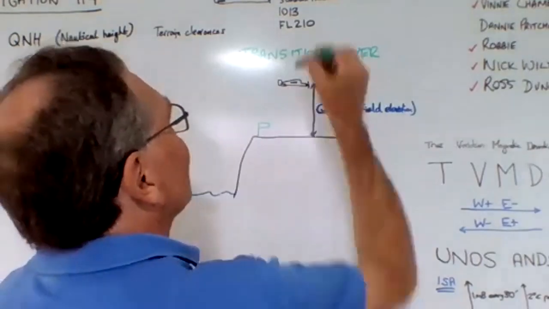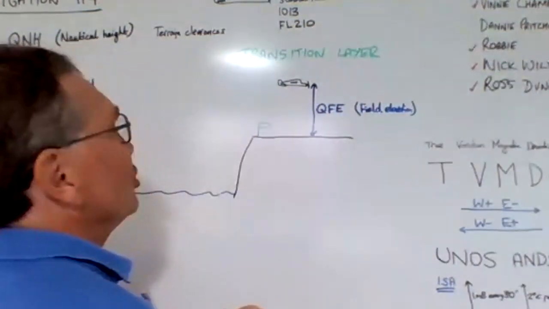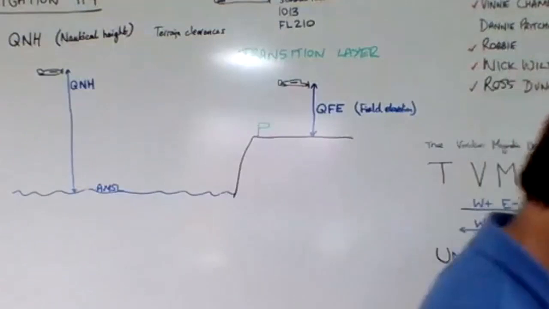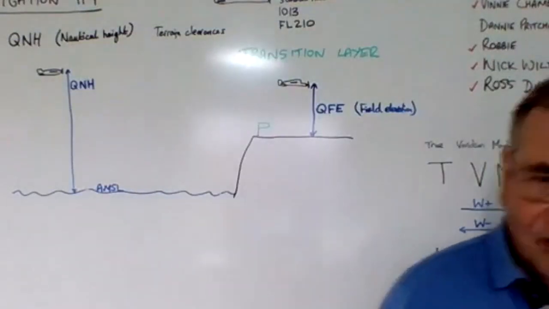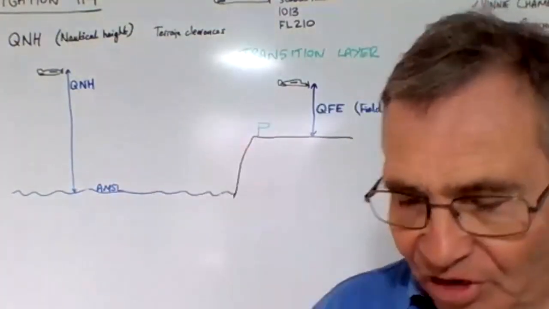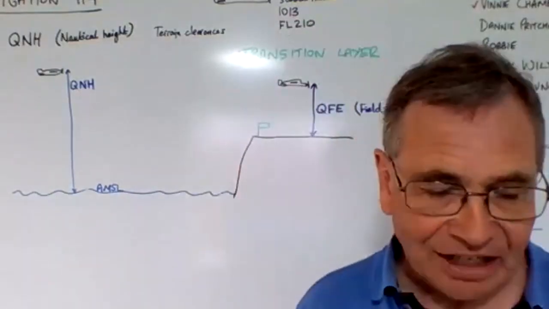The transition layer is the difference between the flight level and the QNH, but for the same value.